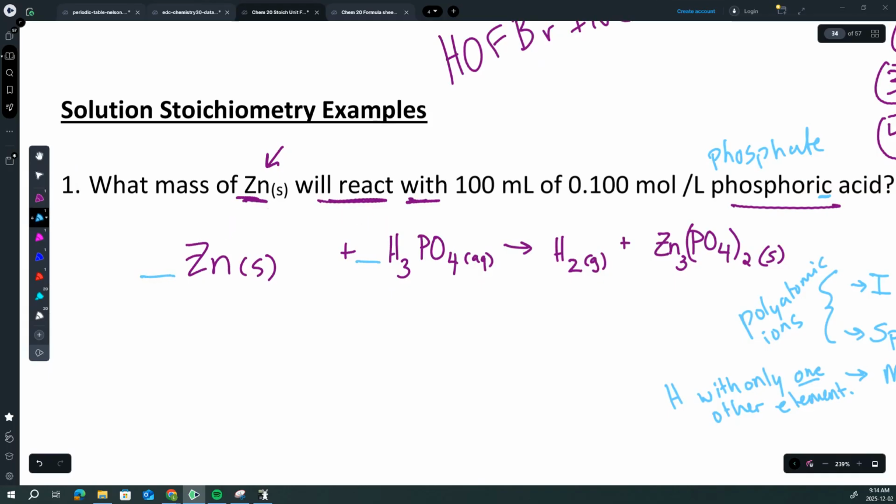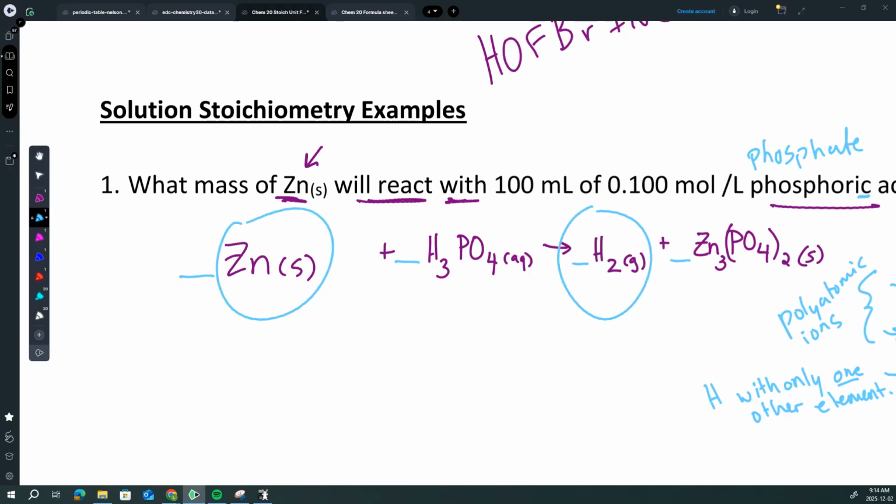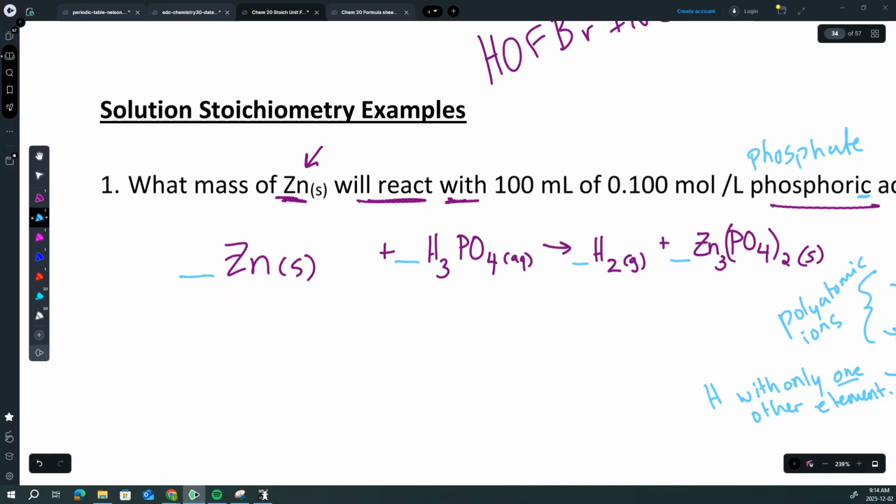All right, so now we have our skeletal equation, and now we need to balance it. Because zinc and hydrogen are by themselves here, I'm going to leave them till later, and what I'm going to do is balance phosphate first.